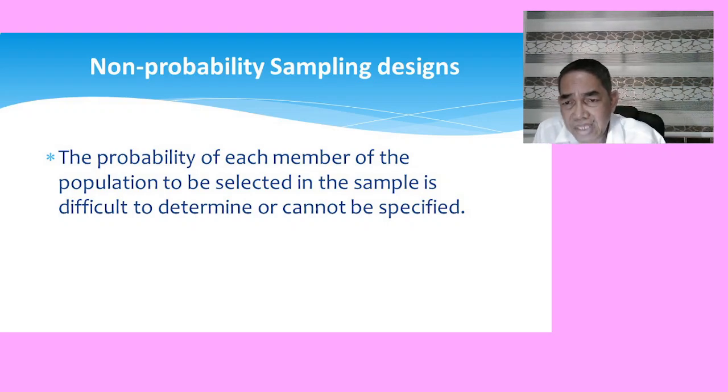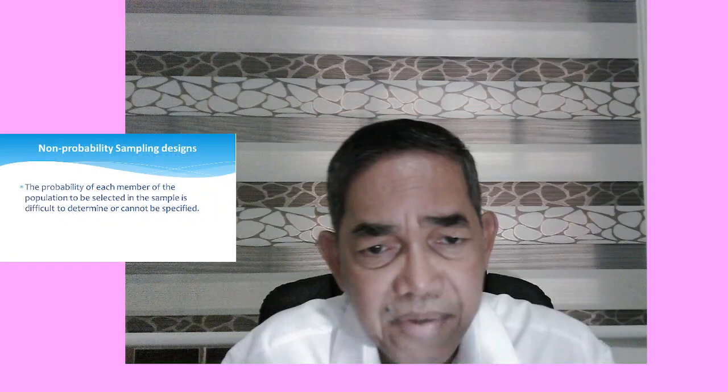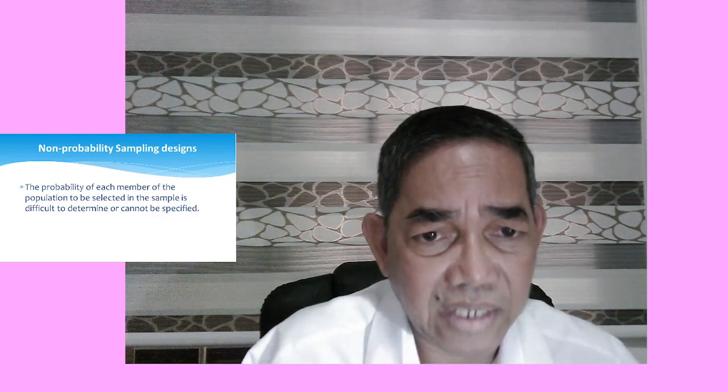In a non-probability sampling design, the probability that each member of the population will be selected in the sample is difficult to determine, or it cannot be specified. We cannot actually calculate the probability that each member of the population can be selected as a sample.